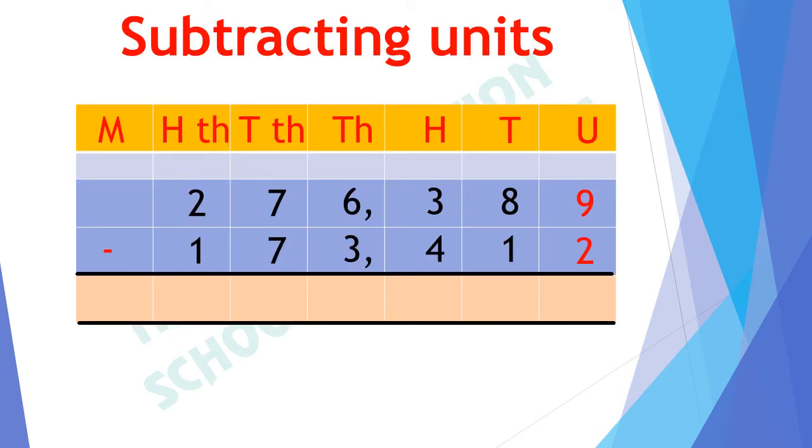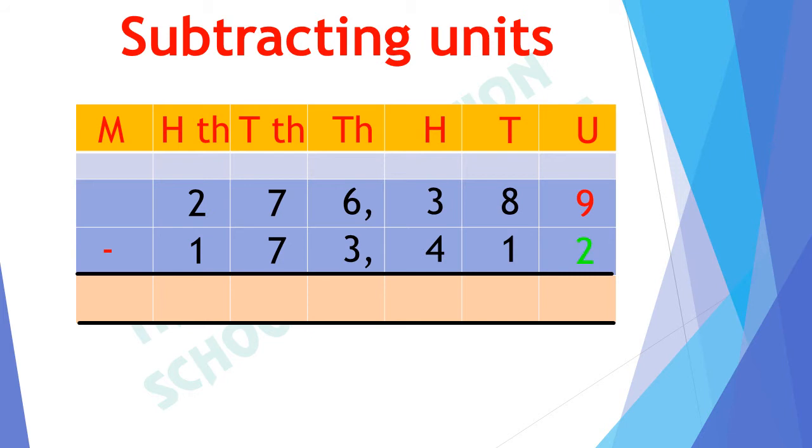The factory produced orange flavor biscuits 276,389. And the factory produced 173,412 vanilla flavored biscuits. To find out the number of less vanilla biscuits did the factory produce, we will subtract the number of biscuits of vanilla flavor from the number of biscuits of orange flavor.